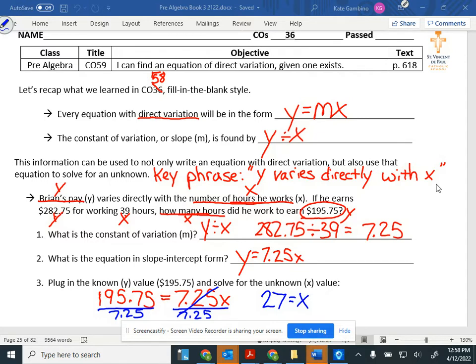So my answer would be 27 hours. Because remember, our question was, how many hours did he work? He worked 27 hours. Not money. That's not what we're answering. How many hours did he work? That was our X. So it's 27 hours.